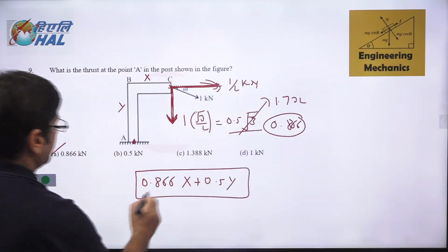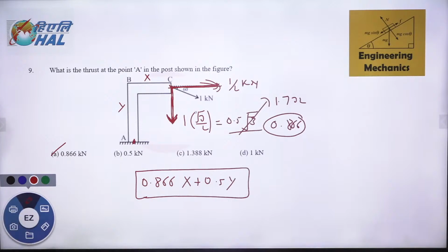This is the total moment produced by this force on the point A. So the question can be asked, what is the moment produced at point A by the forces? Not thrust, but moment produced at point A. This is how you can find out the moment produced at this particular point.